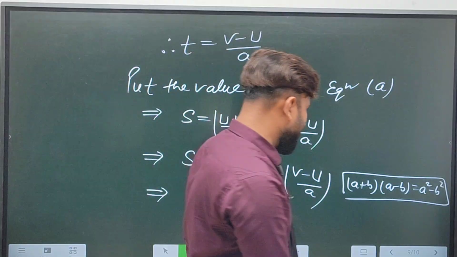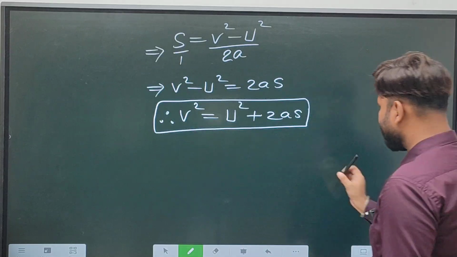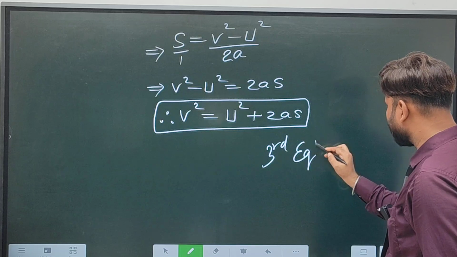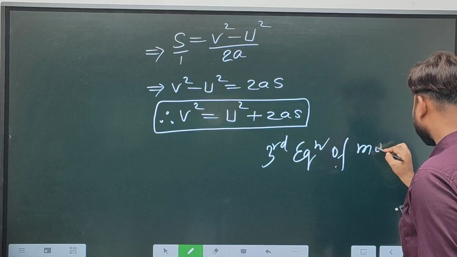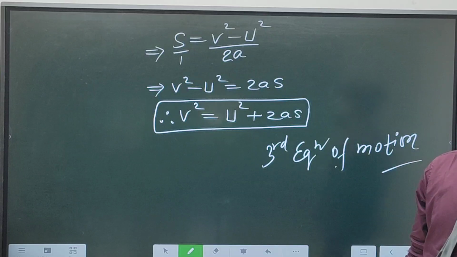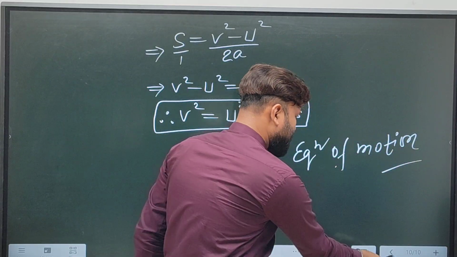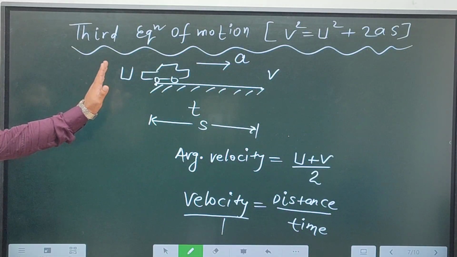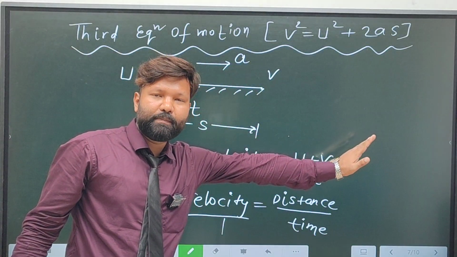So let's revise once again. This is your third equation of motion. Let's revise third equation of motion students. Third equation of motion, v square is equal to u square plus 2as.